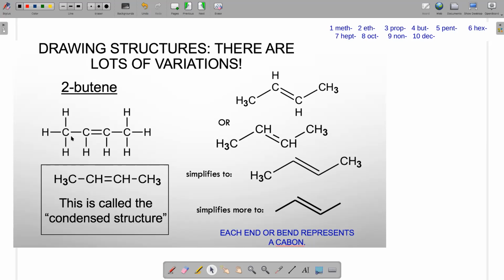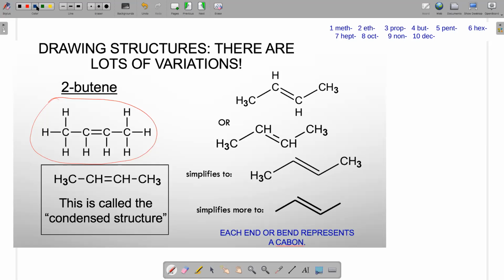So, for instance, this thing over here on the left, this 2-butene, this is a good way to draw it. This is the most common way that you would see because it illustrates the presence of 4 carbons, the presence of the 8 hydrogens, and shows the number of double and triple bonds. But because you got to draw a lot of H's and draw a lot of lines, it's kind of a pain to do.